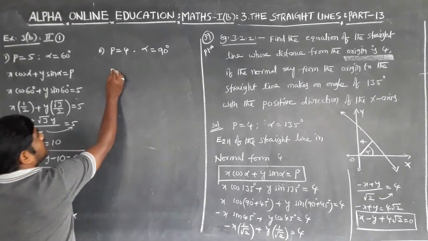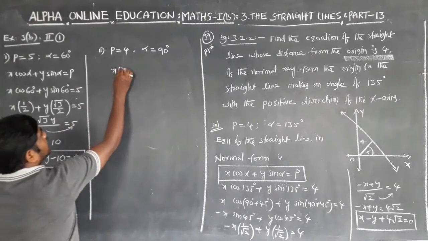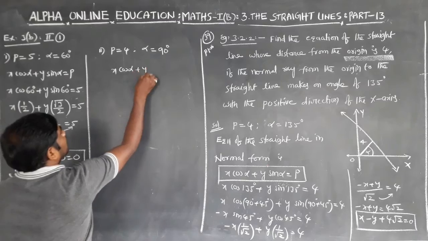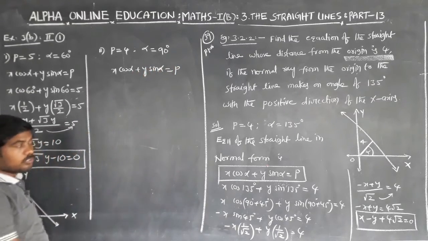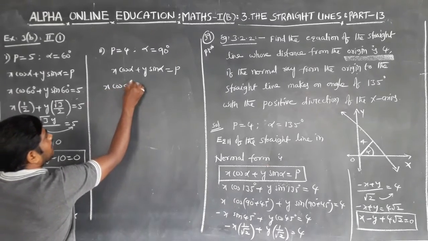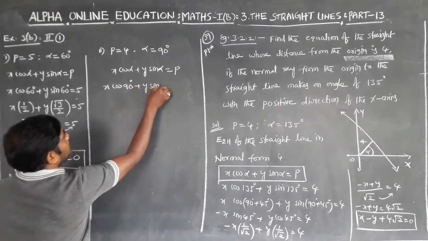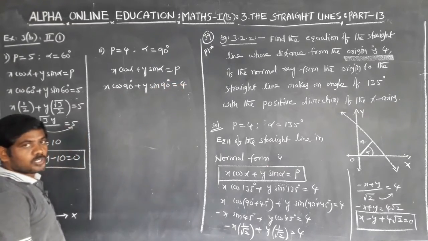The equation of the straight line in normal form is x cos alpha plus y sin alpha is equal to P. x into cos 90 degrees plus y into sin 90 degrees is equal to P.